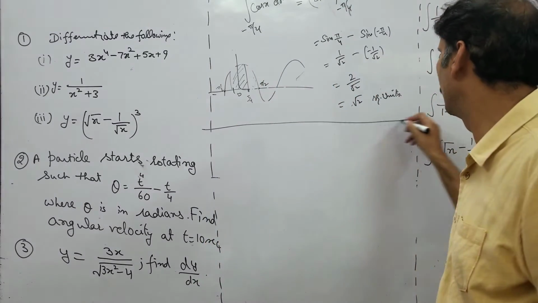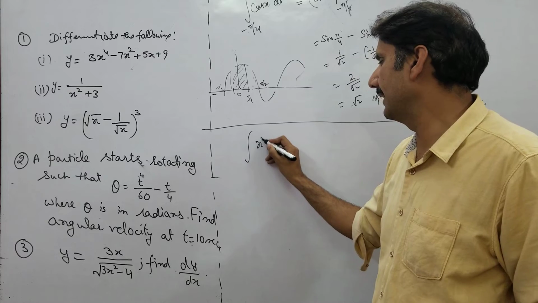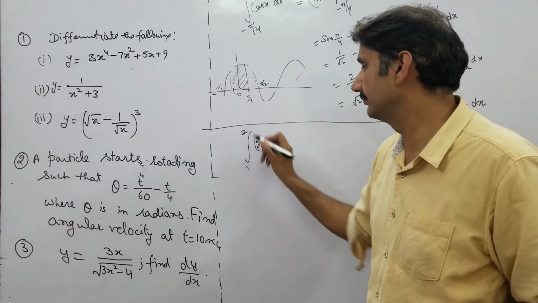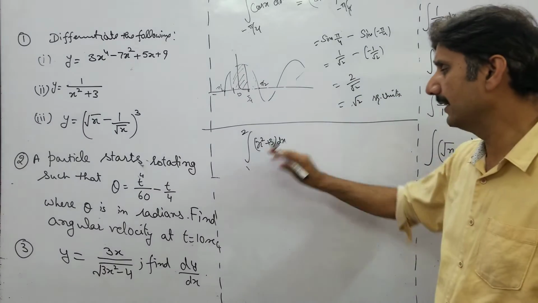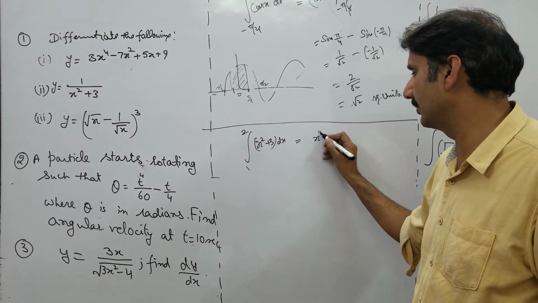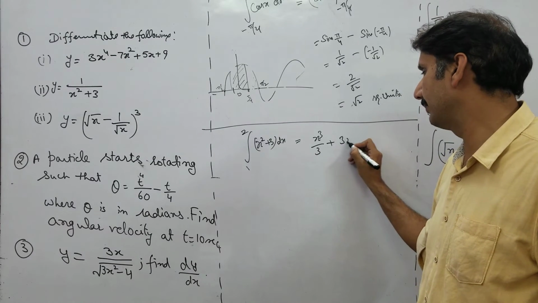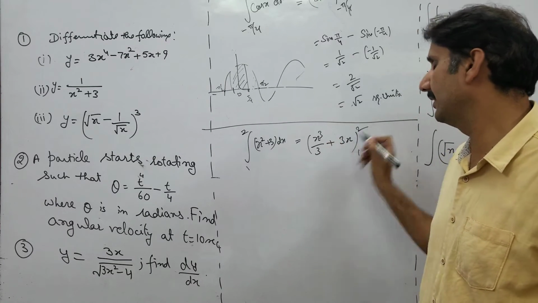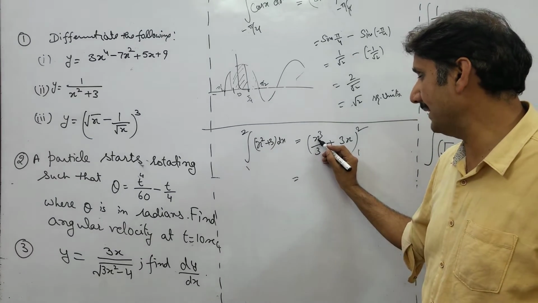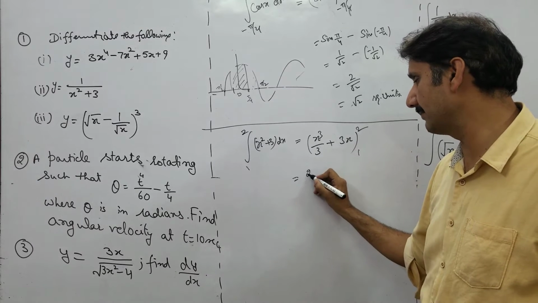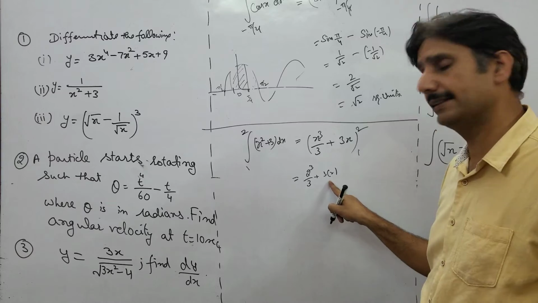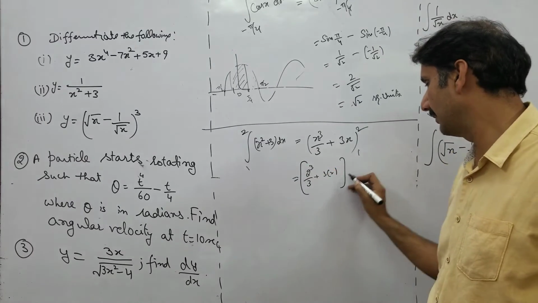I do one more example. Integrate x square plus 3 from 1 to 2. What we will do? First, we will forget about the limits. Just integrate it by the known formulas. X cubed by 3 plus 3x is the integration. Limits are 1 to 2. So, first replace x by the upper limit. So, it becomes 2 cubed by 3 plus 3 into 2, minus.